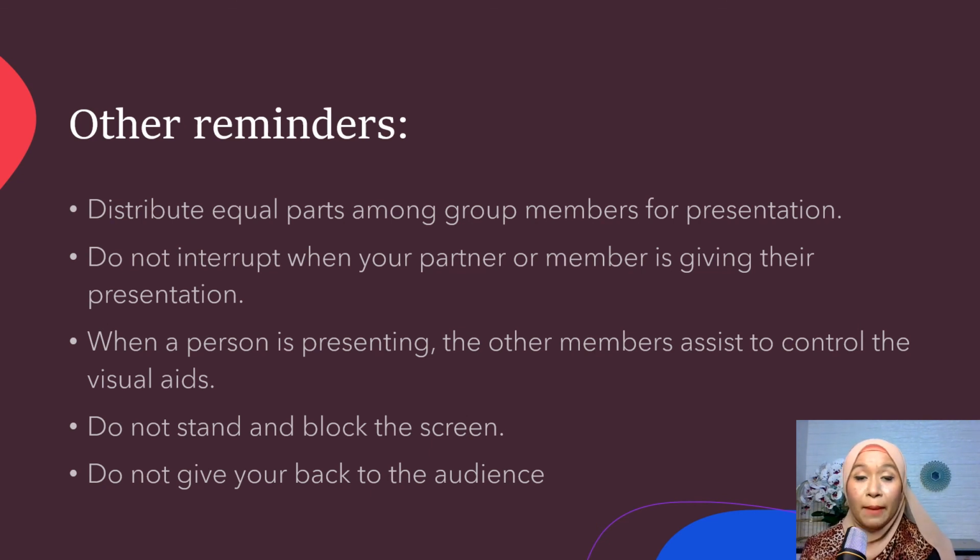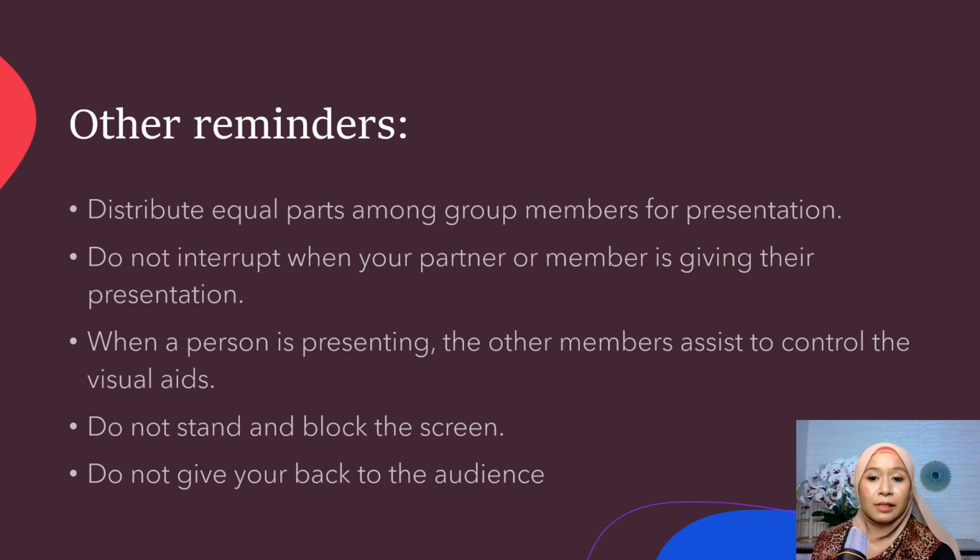If you see them pausing for a long time and they don't know what to say, then you can step in and help them out in delivering the points. If not, do not speak when your friend is speaking. You have your turn, so make sure that you say what you want to say during your presentation time.